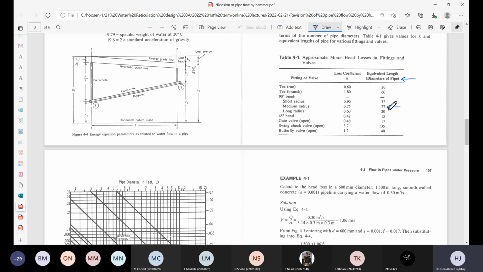So, for example, a medium radius bend, you'll get medium radius bends for a 50 diameter pipe, a 100 diameter pipe, a 200 diameter pipe, a 400 diameter pipe, like that. And each one is different. The actual equivalent length will be different. It can't be 27 meters for all of those different diameter pipes. So that's what this is, a function of the diameter of the pipe.